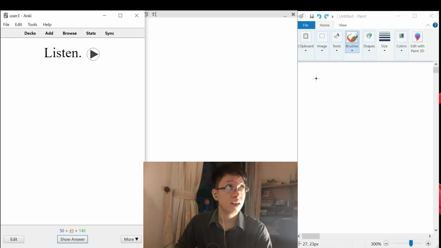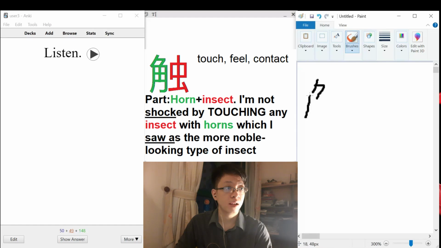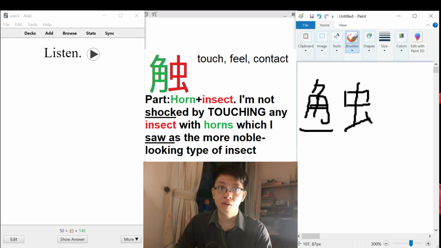So the kanji that means touch, we have a wrapping and closure here, and then the part that means attach, and somehow together this forms the word that means a horn, right? And then the second half is just an insect. There are different types of insect, right?